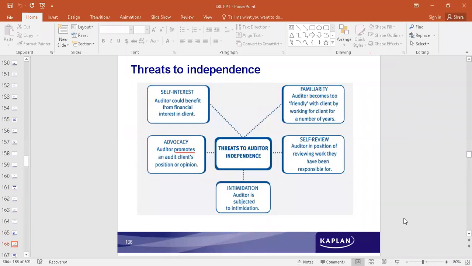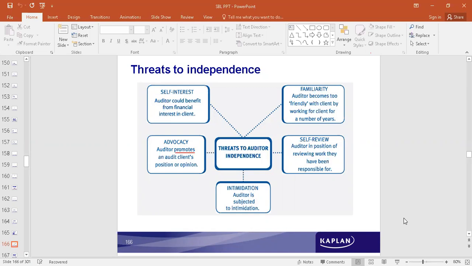That's the reason why auditors promote their audit clients in spite of knowing that something is not appropriate. In spite of that, they continue to promote.